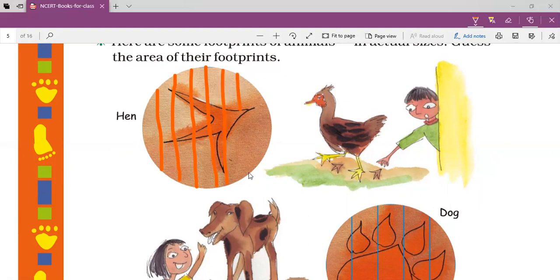Mine might vary because I'm not using a scale, but when you draw, use a scale for that.